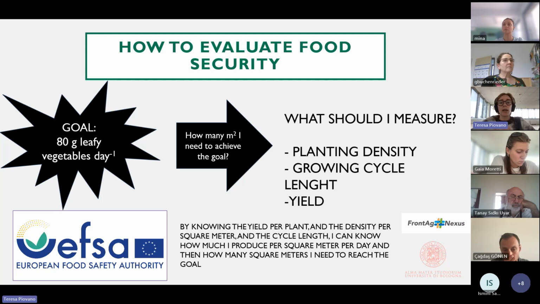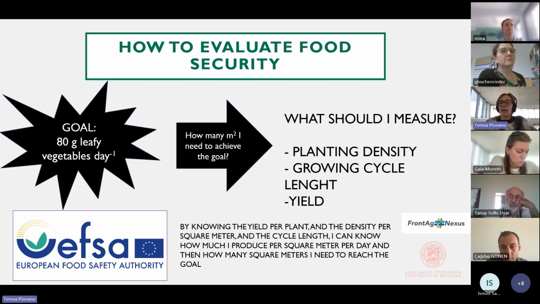How can we evaluate the food security? EFSA published that the goal for a healthy diet would be to eat at least 80 grams of leafy vegetables per day. Knowing that this value is our goal to conduct a healthy life, how can I know how many square meters I need to achieve the goal?